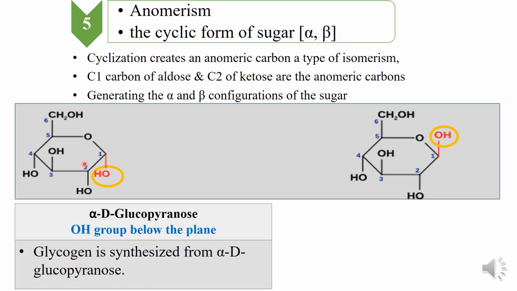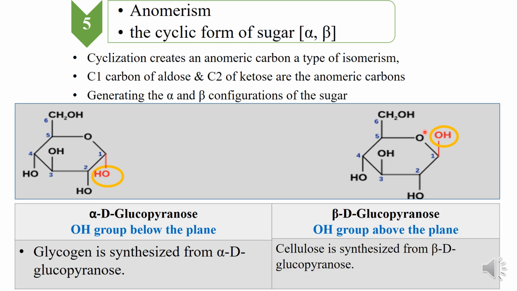So here we are taking example of glucose. In this diagram you see that the hydroxy position is below the plane and therefore it is known as alpha D glucopyranose. Glycogen is synthesized from alpha D glucopyranose. The second diagram shows hydroxy group above the plane and therefore it is known as beta D glucopyranose, and cellulose is synthesized from it.